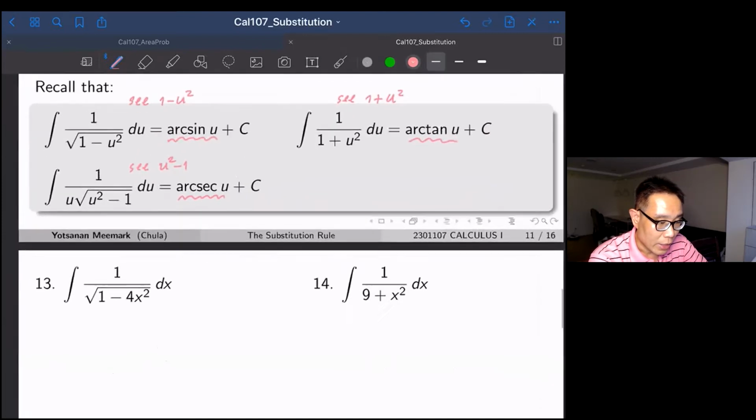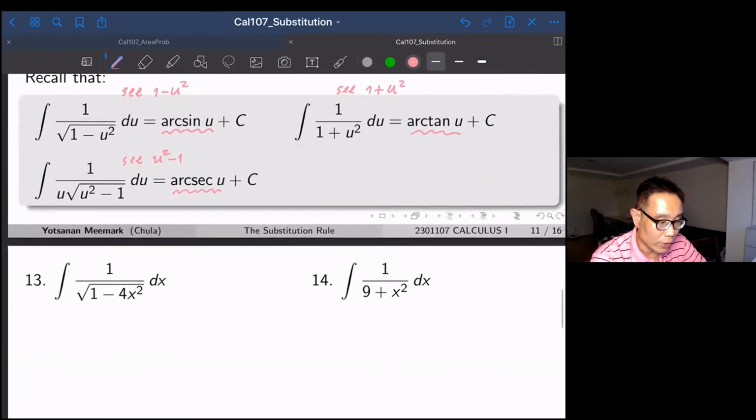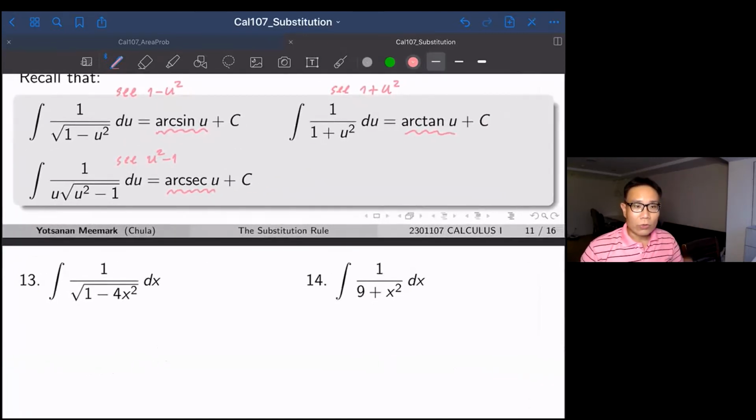Let me show you the formula together with this question. You see the structure of the integral that you are having. This is a square root of 1 minus 4x squared.